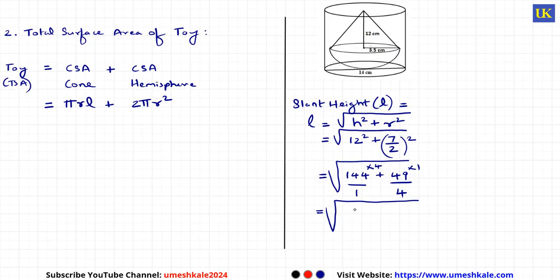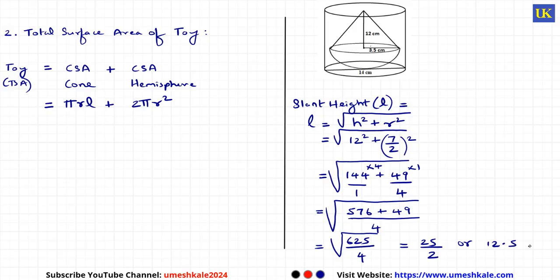So this will become 576 plus 49 upon 4, which is 625 upon 4, which is 25 upon 2, or you can take it as 12.5. Okay, so now we will take that value here.